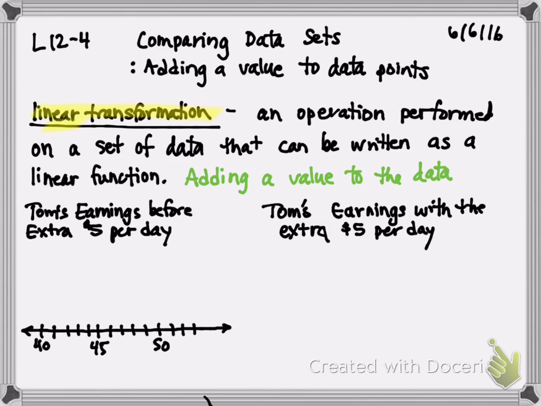Actually, I probably don't need to go, well, no, I do. 54, so I'm going to have to extend this a little bit. 55, 56, 57, 58. That's about as far as I need to go.